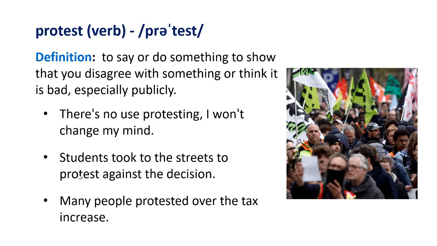And because the government increased the tax, it means these people will reduce their profits. With the current tax, they can earn a lot of profits, but with the new tax the government increased, they will lose their profits. So that's why they do not agree, and many people protested over the tax increase.